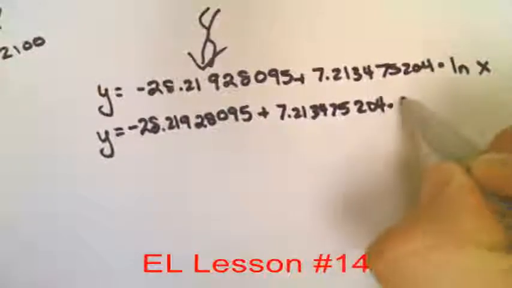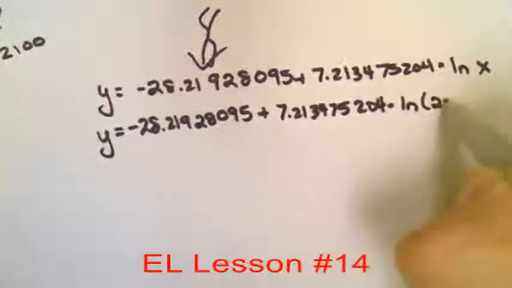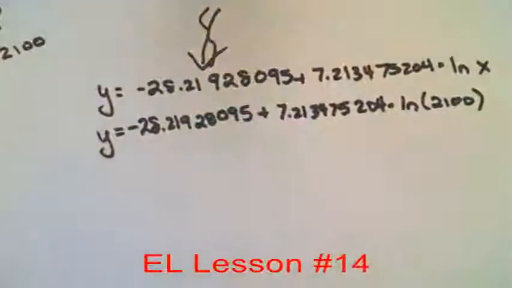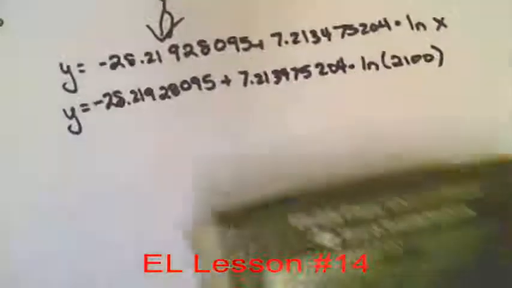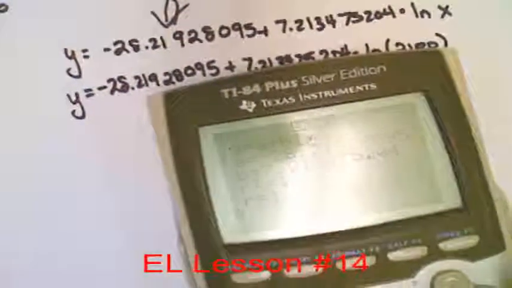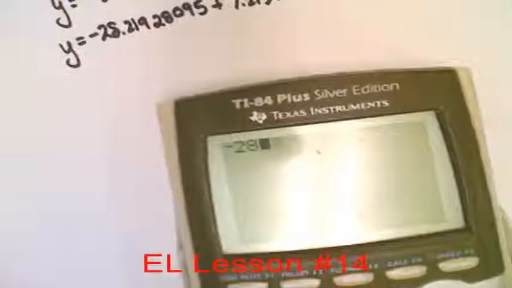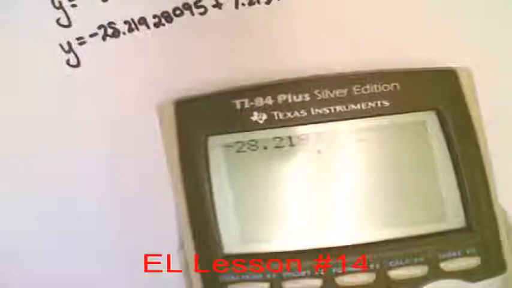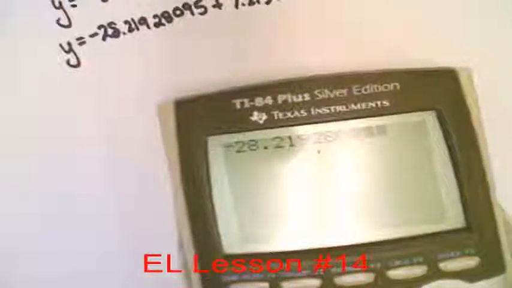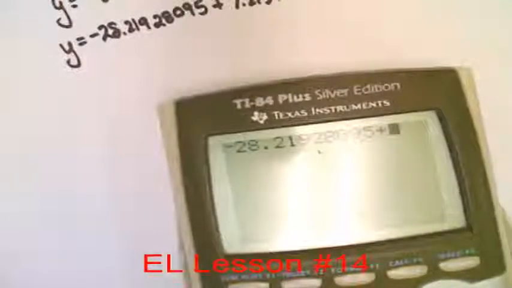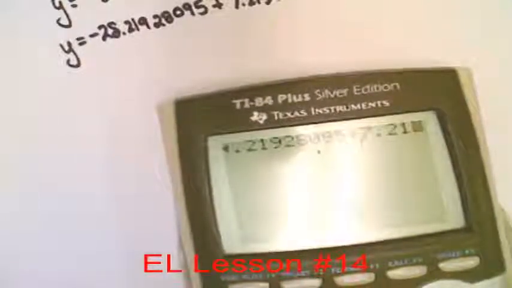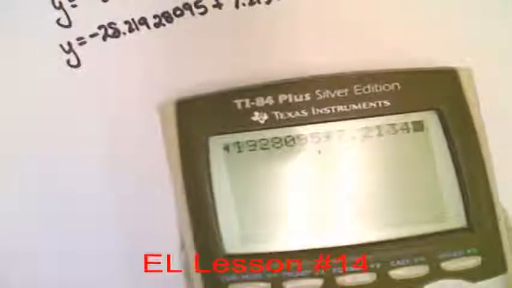I know x is 2100, so y is equal to negative 28.21928095 plus 7.213475204 times the natural log of 2100.